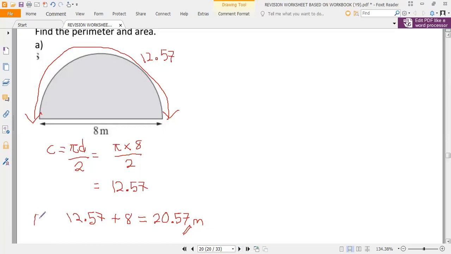This is the perimeter actually. So for perimeter, please remember that it is the curve part plus this diameter part as well.